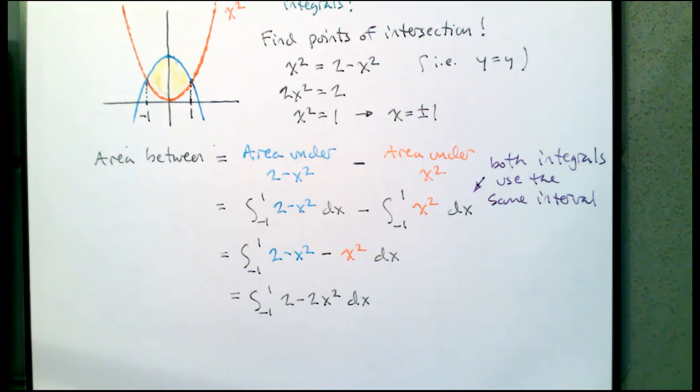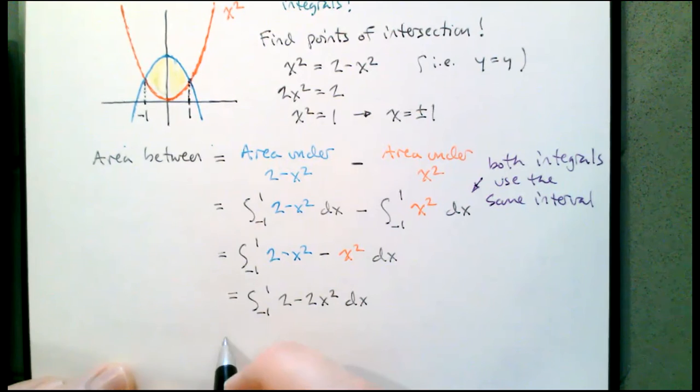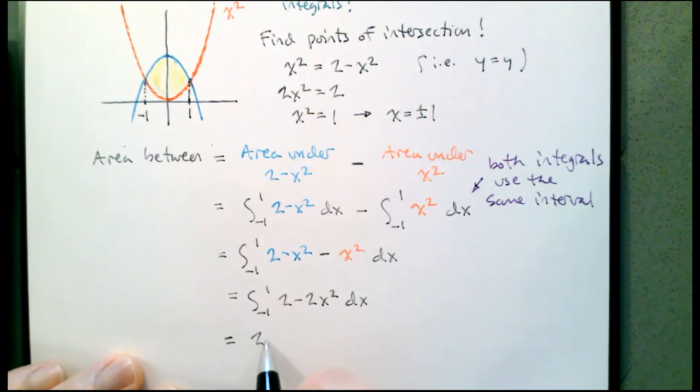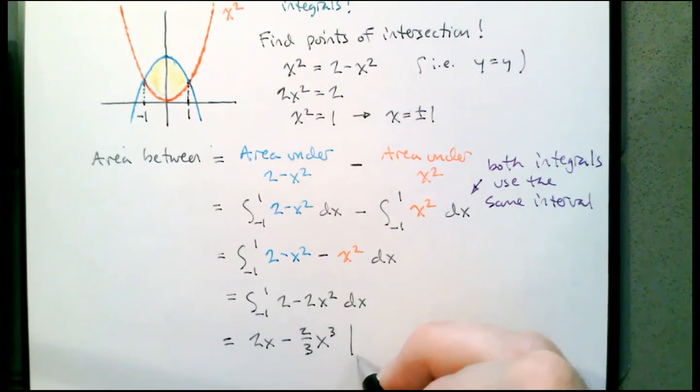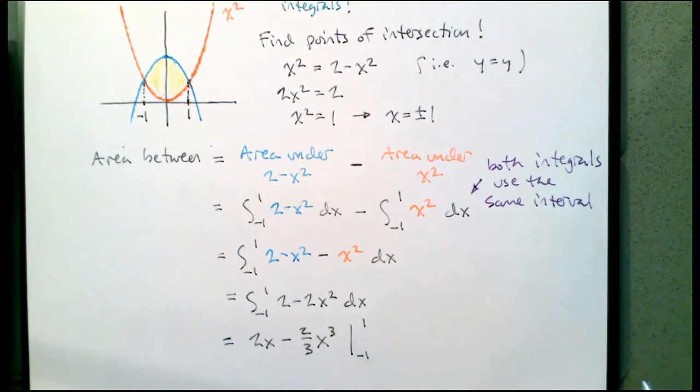Since I said find the exact area, we'll use the fundamental theorem of calculus. So the antiderivative is going to be 2x minus 2/3 x cubed. In both cases, add 1 to the exponent, divide by the new exponent, and we could read 2 as being 2x to the 0 power. Or we could just remember that the integral of a constant is a constant times the variable.